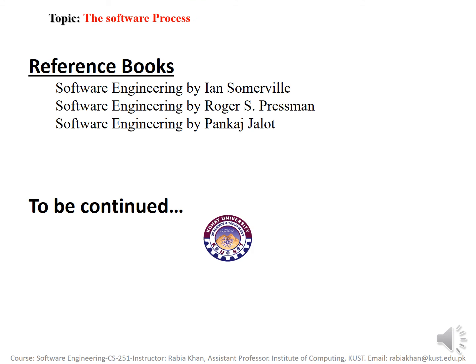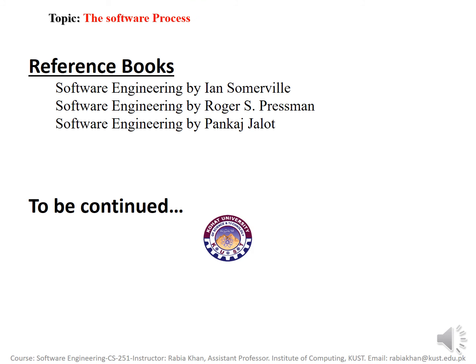As we said, software process may have different steps, and the steps vary from project to project. Every project may not have same process. But these 3 are the basic phases: the definition phase, development phase, and the support phase. These are the 3 generic phases or common phases which are being followed in every software project. Though the name may vary, but the steps that are to be followed are under these 3 categories.